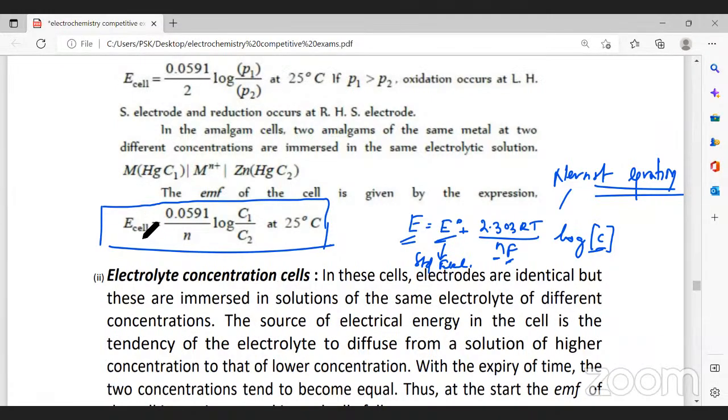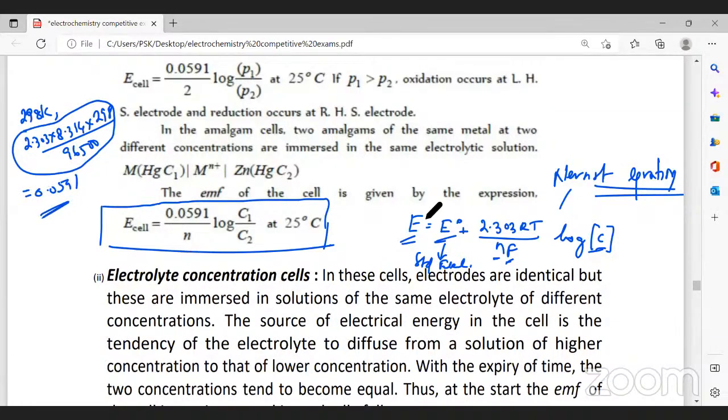Now for concentration cell, E cell is equal to 0.0591 divided by n log C1 by C2. See, our standard condition is 298 Kelvin. At 298 Kelvin, 2.303 into R value 8.314, T is 298, divided by Faraday 96,500, this value becomes equal to 0.0591.